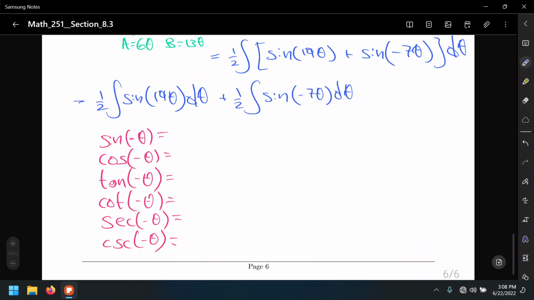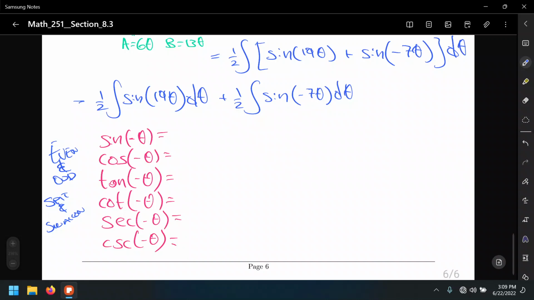Another way to see these even-odd properties, a more colloquial way, is spit and swallow. It turns out that the even ones swallow the negative sign, while the odd ones spit the negative sign. From trigonometry, the trigonometric functions that are even, another way to say symmetric about the y-axis.